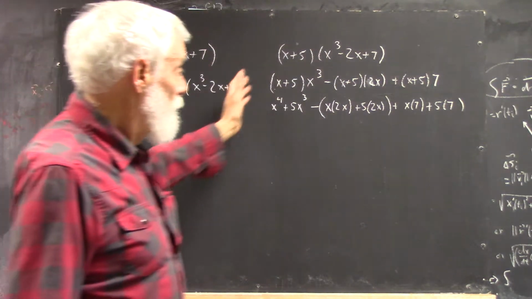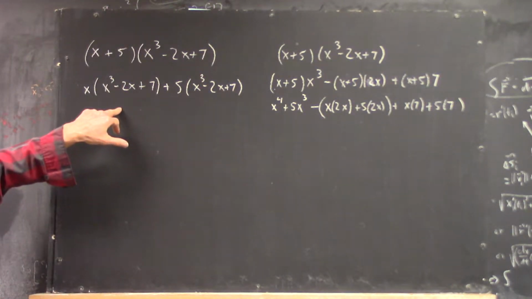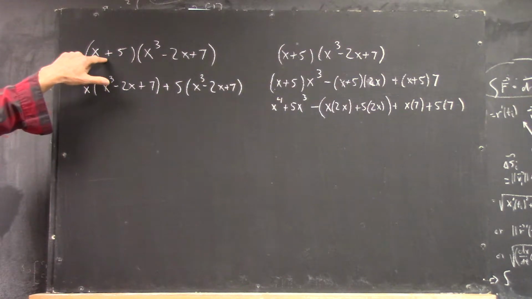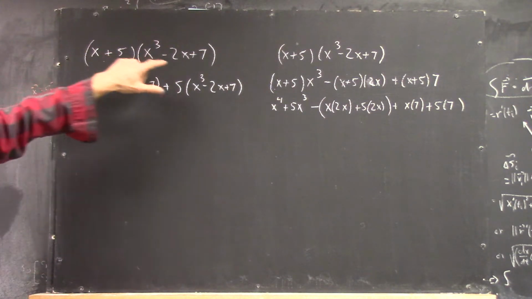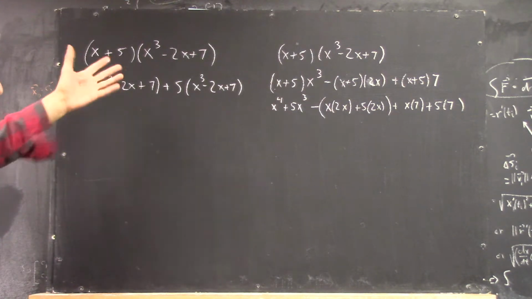That's perfectly valid. It'll give you exactly the same result that this will. But generally, I'll choose to distribute over this one when I see an expression where this is longer than this one. Could be done either way though.